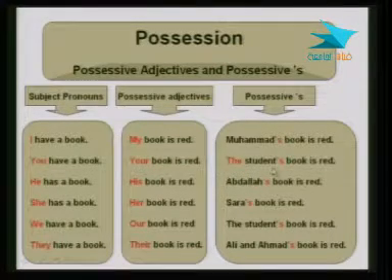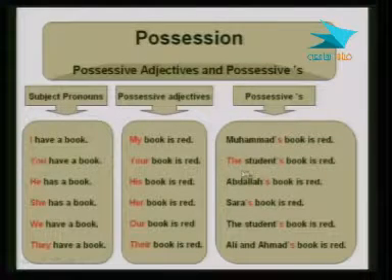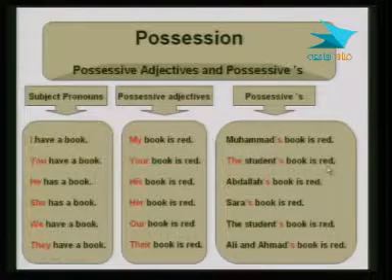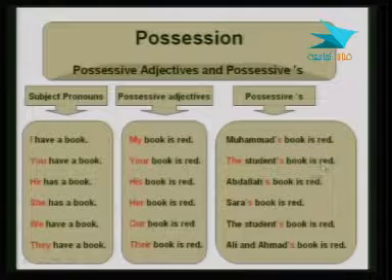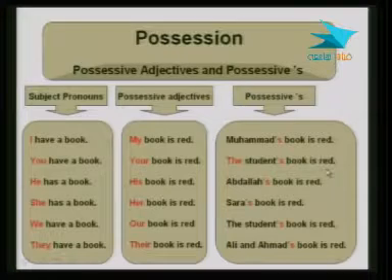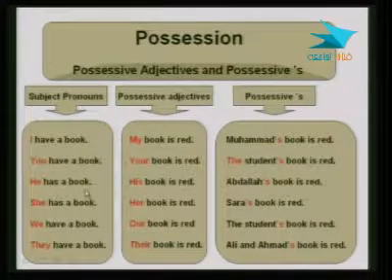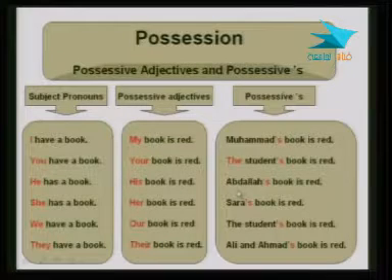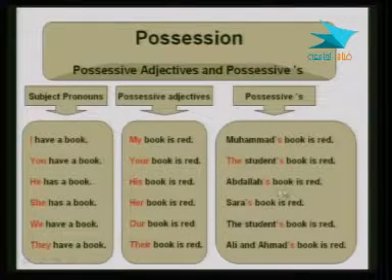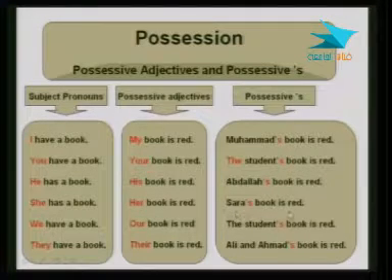Another way of saying the sentence is, the book of the student is red, but that is long. So we say the student's book is red. He has a book. This is another example. He has a book. His book is red. Abdullah's book is red. She has a book. Her book is red. Sarah's book is red.